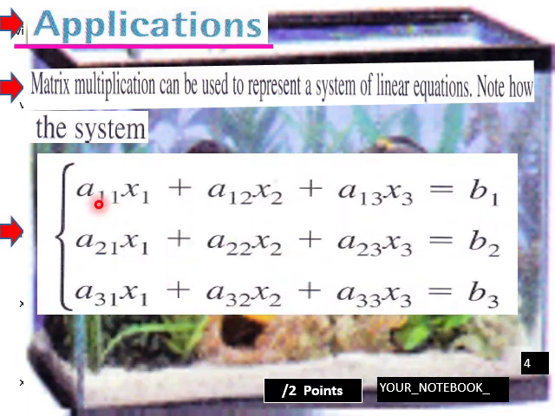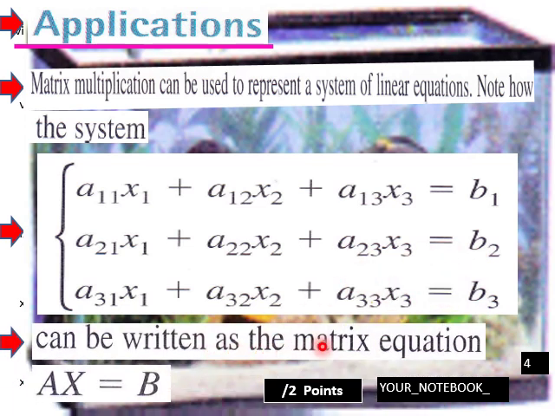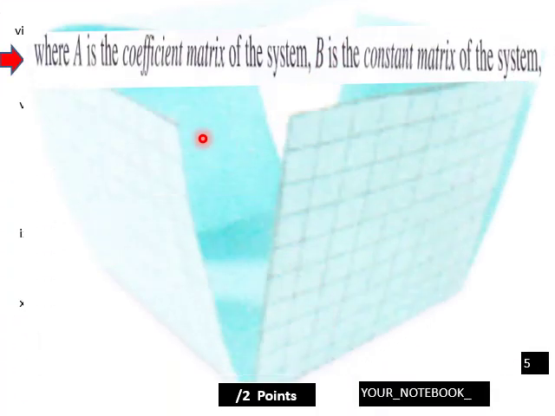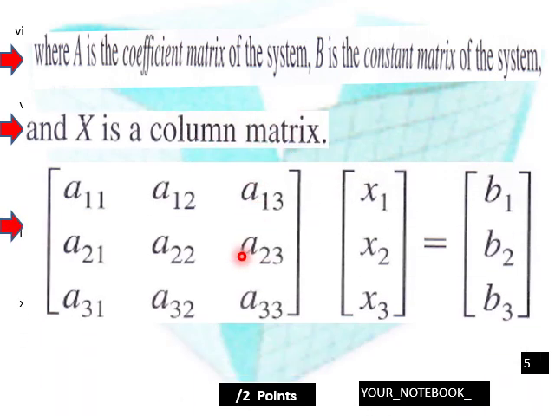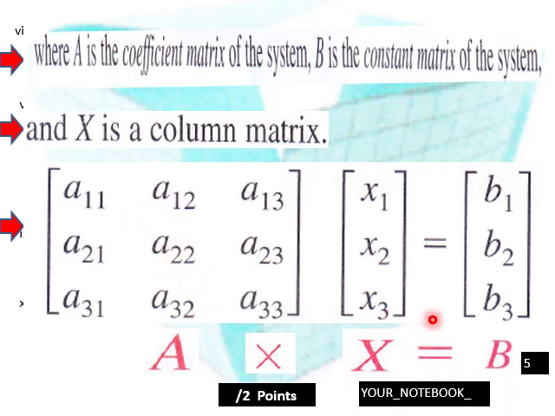Note how the system here, a11 x1 plus a12 x2 plus a13 x3 equals b1, b2, and b3, can be written as the matrix equation A times X equals B. Here A is the coefficient matrix of the system, B is the constant matrix of the system, and X is a column matrix. So here we are back to A times X equals B. That would be the setup that we get into.